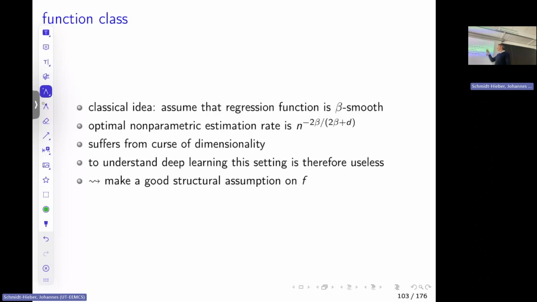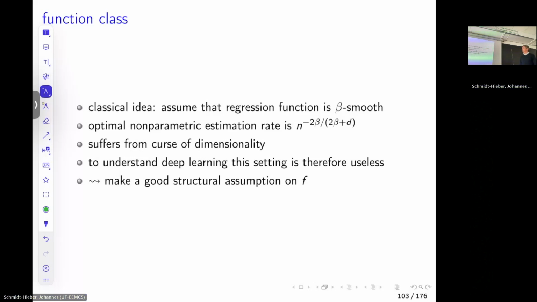If we just impose smoothness, then it is known that the optimal rate any method can achieve is n to the minus 2 beta over 2 beta plus d, where d is the input dimension. If d is 100, then this rate will always be very, very small unless beta is also extremely large. That is another incarnation of the curse of dimensionality.